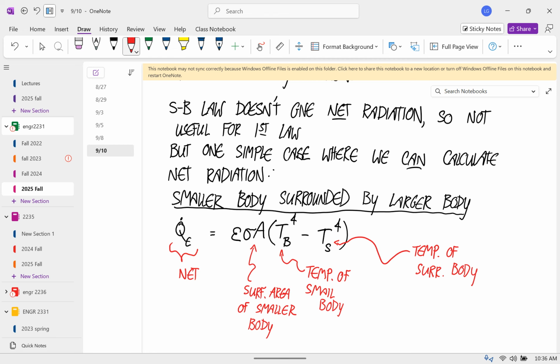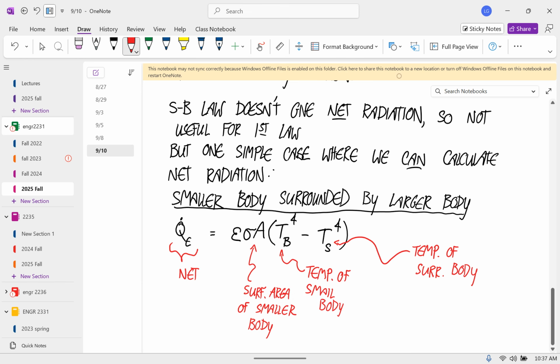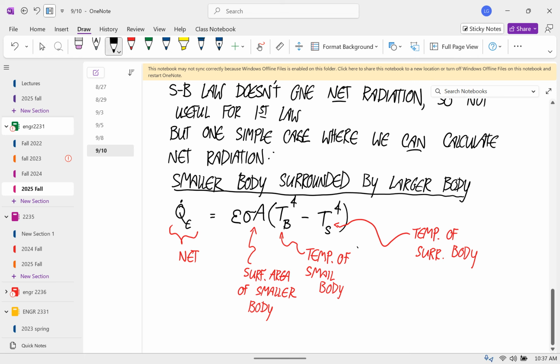Well, all you have to remember is this is giving you a net emission of energy from your smaller body. And so if this is going to be positive, the smaller body temperature has to be bigger, so you can remember based on that what the TB and TS are. But the key thing is this equation.